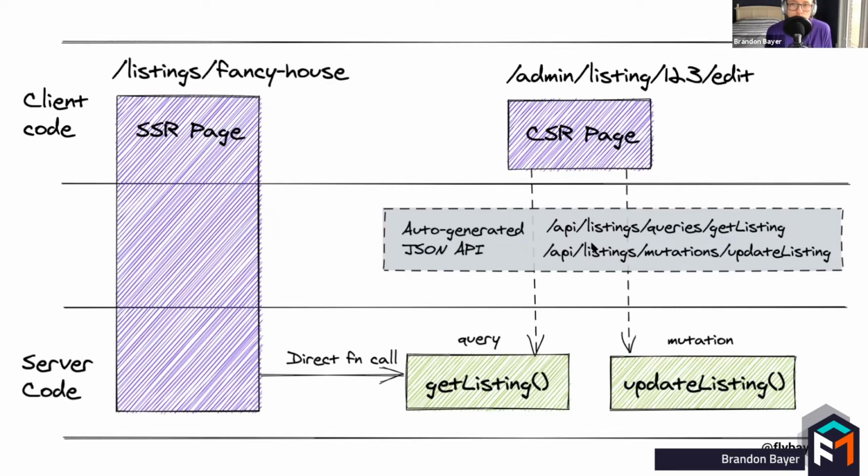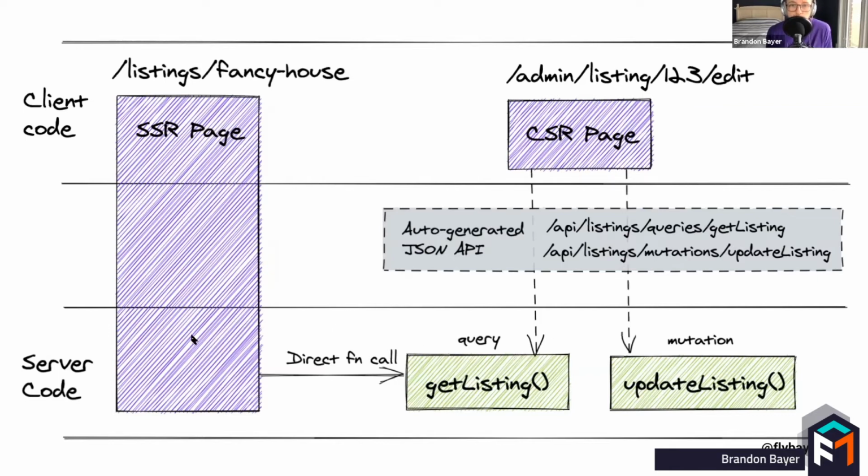This gray box is what Blitz takes care of, and you don't have to know about it. The dotted lines represent your function import. You import the get listing query or update listing mutation into your page, and then it'll automatically use that generated API endpoint.